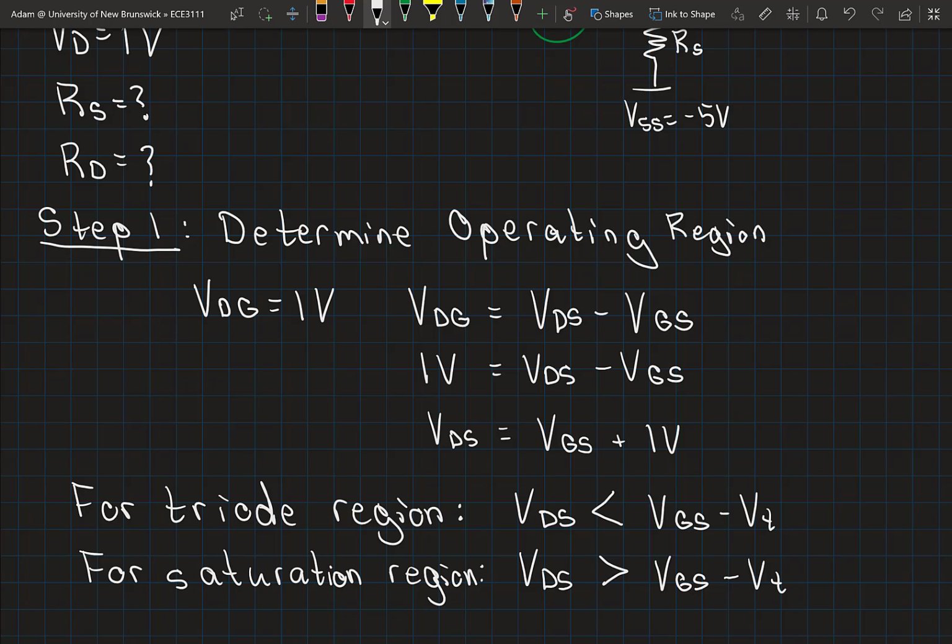So here we'll note that my drain to source voltage is my gate to source voltage plus 1.